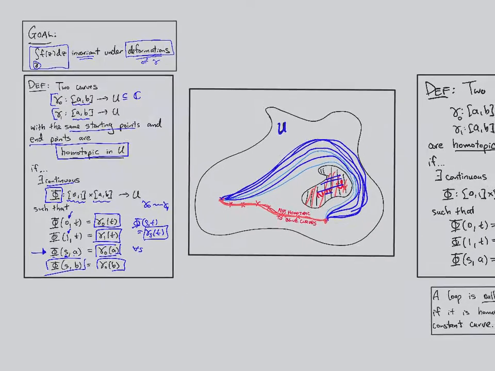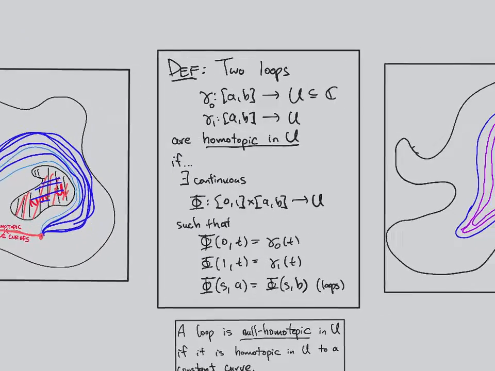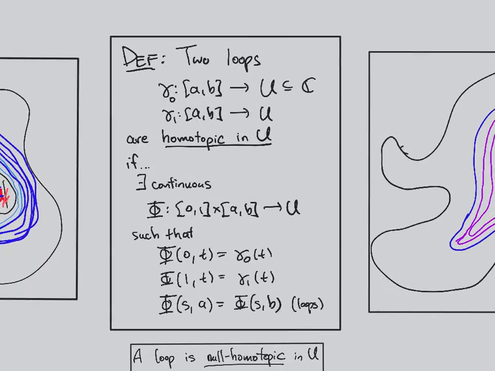Okay, we also need to talk about homotopy of loops, and that's pretty similar. So recall you have a loop when it starts and ends at the same point. Okay, so two loops, gamma naught and gamma 1.